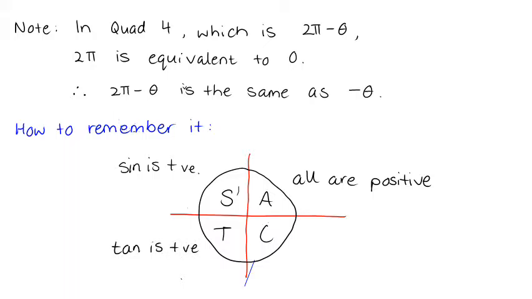Right, sine and cosine become the negative. And in the fourth quadrant, only cosine is positive. Cosine is positive.